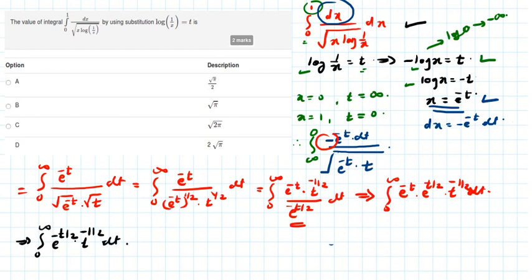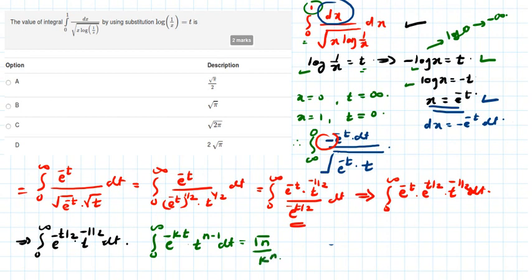Now we need to use one of the definitions of the gamma function. The definition is integration 0 to infinity e raised to minus kt into t raised to n minus 1 dt equal to gamma n upon k raised to n.